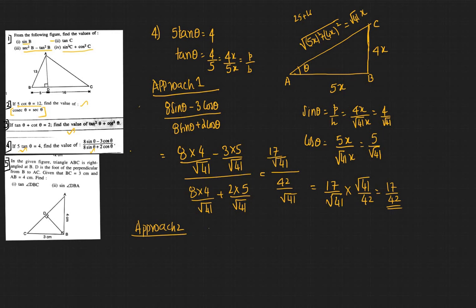would be 8 sine theta minus 3 cos theta divided by 8 sin theta plus 2 cos theta.